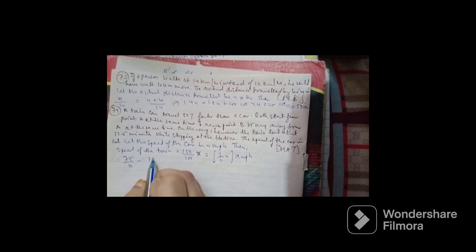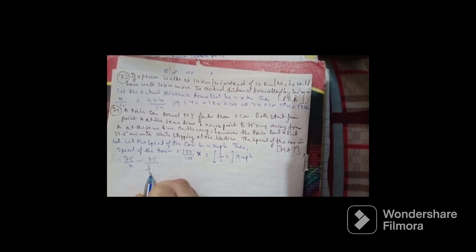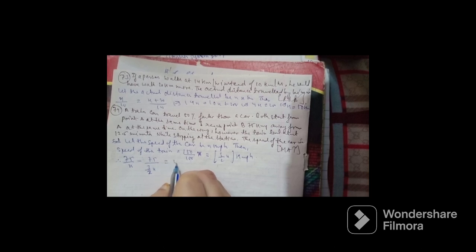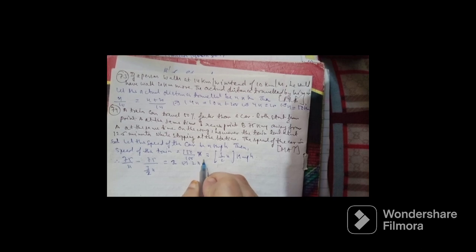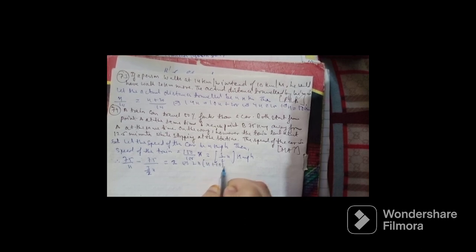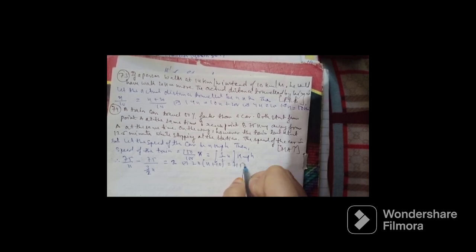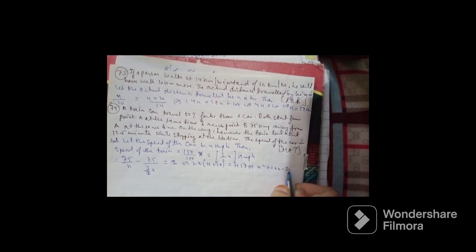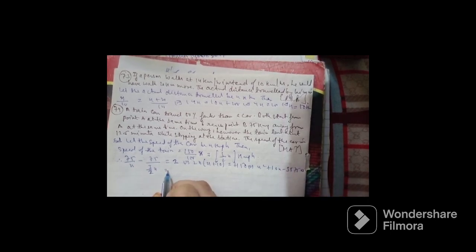75 by x minus 75 upon 3 by 2x equals 2. 2x times x plus 10 equals 7150. x square plus 10x minus 3575 equals 0.